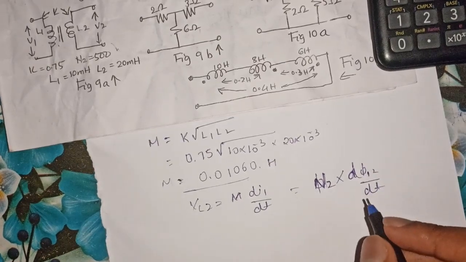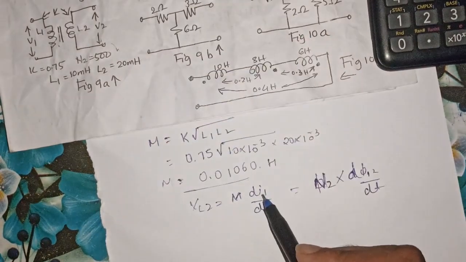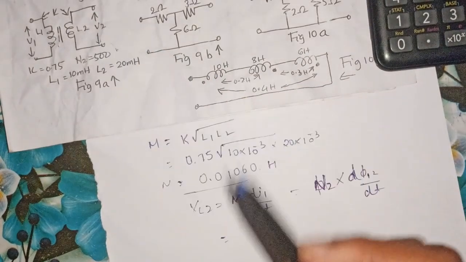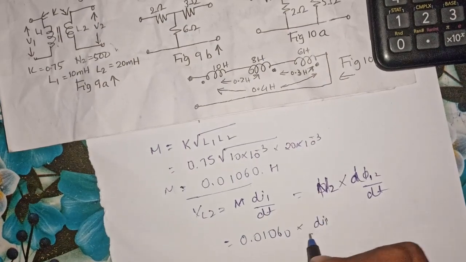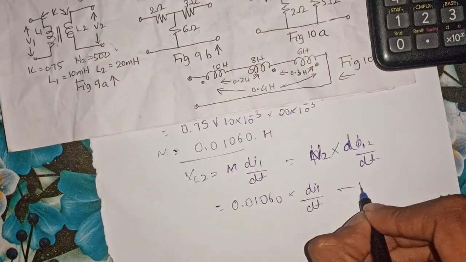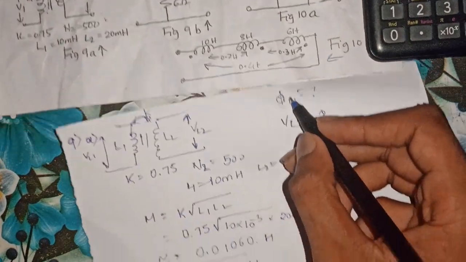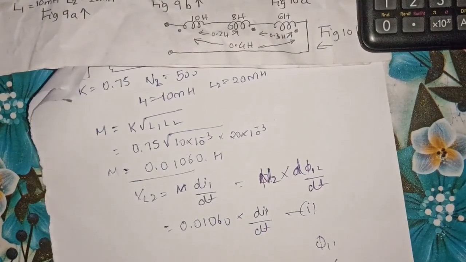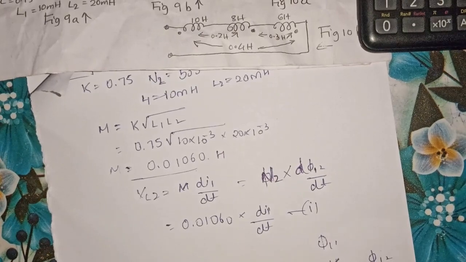We can use either of the values, but since they have not given the value of the current, and we don't know the value of the flux induced in the secondary coil, it is 0.01060 multiplied by di1 by dt. So let us keep this equation as it is, and let us find out the value of the flux induced in the primary coil, which is phi11. We know the relation of coefficient of coupling: K is equal to phi12 by phi11. So if I know the value of phi12, I can just calculate the value of the coefficient of coupling K.